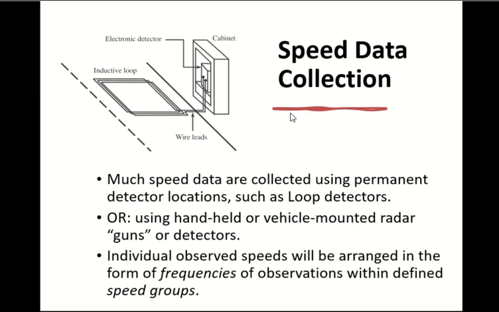Once you have collected the speed data, we need to divide this data into groups of speeds. And for each group, we will find out how many observations we have seen. For example, you have data which has a minimum value of 20 and a maximum value of 50.